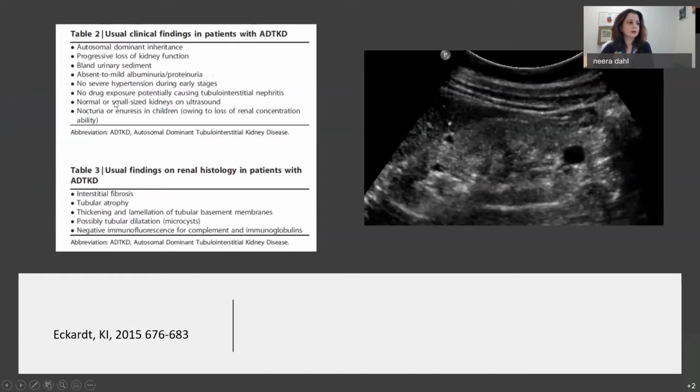Now, this is important: there are normal or small sized kidneys by ultrasound, with similar features that might be part of ADPKD, such as nocturia or enuresis due to loss of concentrating ability. If these patients get a kidney biopsy, you may see fairly nonspecific findings such as interstitial fibrosis or tubular atrophy.